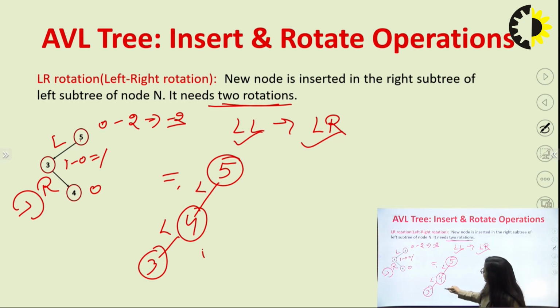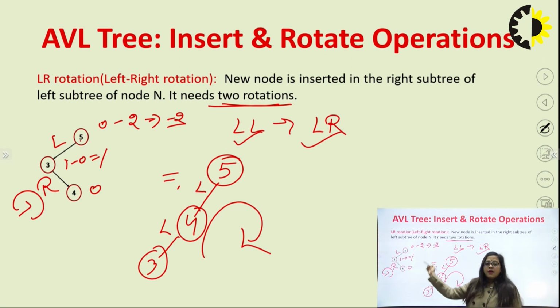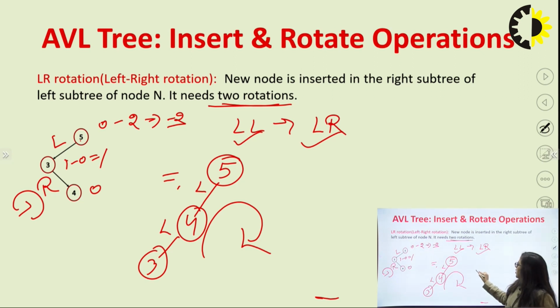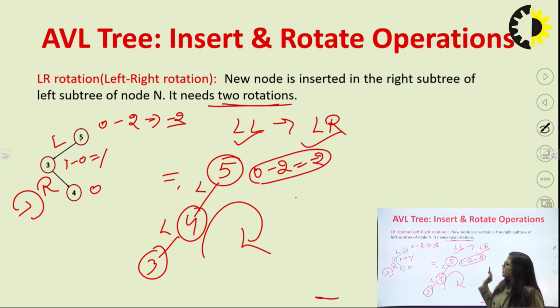Now move in the clockwise direction. First was anti-clockwise, then clockwise. So again a problem occurs: minus 2, because right is 0 and left is 2, so 0 minus 2 is minus 2. The problem is still not finished. So what do we do here?